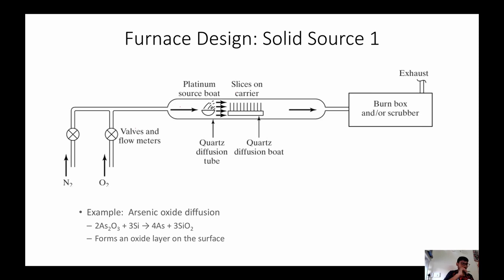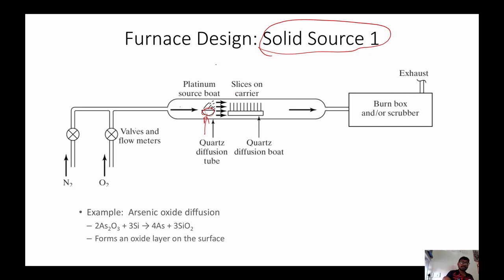So let us say you have a solid source. This is for the solid source. You can keep your solid source in a quartz beaker or crucible, which can withstand higher temperatures.